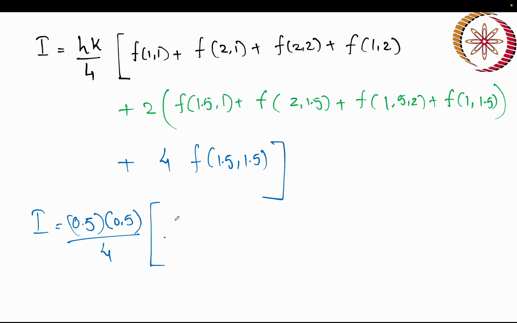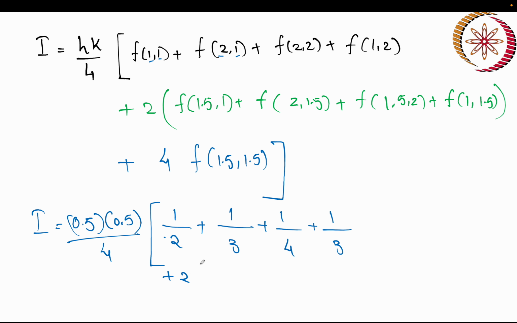Okay, so here it will be 1 upon 2, which is 1 plus 1, and then 1 upon 2 plus 1 will be 3, then 1 upon 2 plus 2, which will be 4, plus 1 upon 1 plus 2 will be 3.